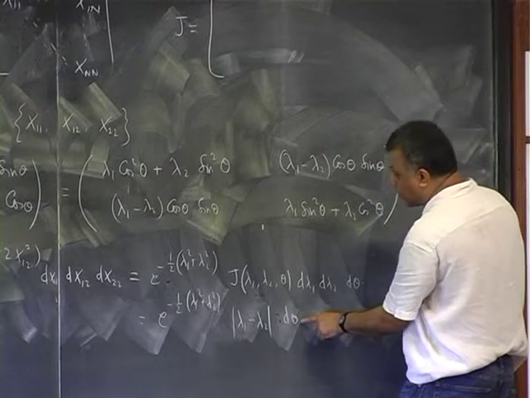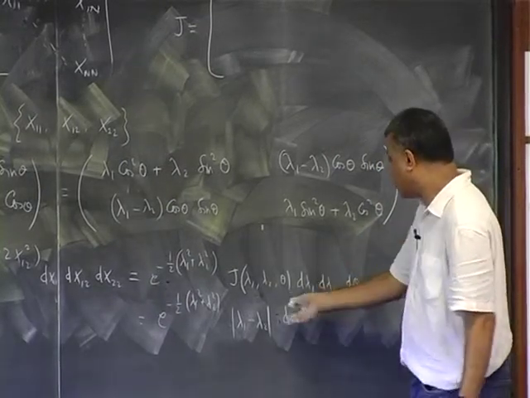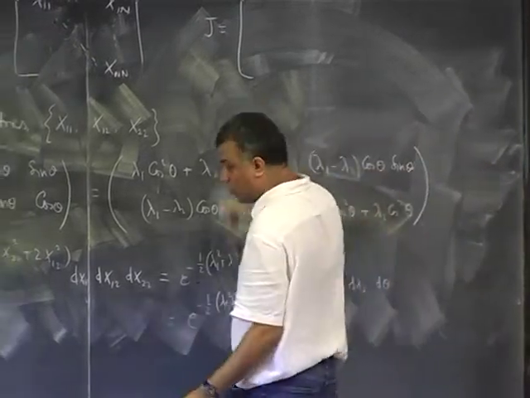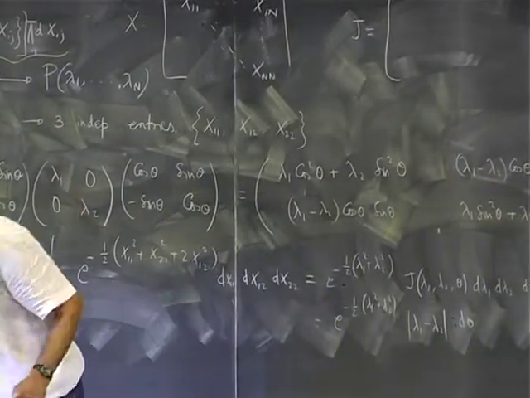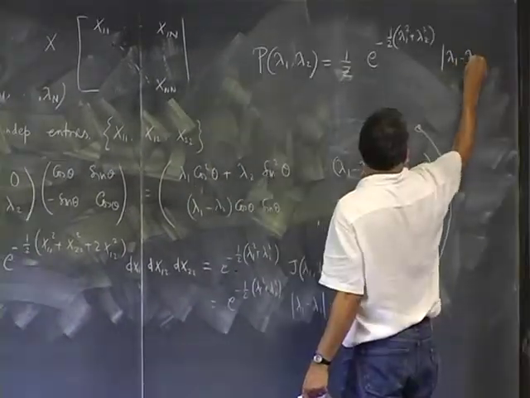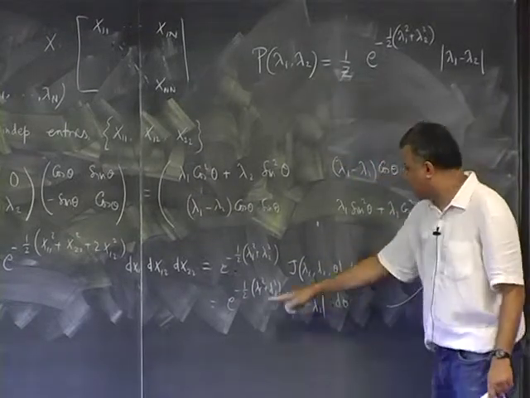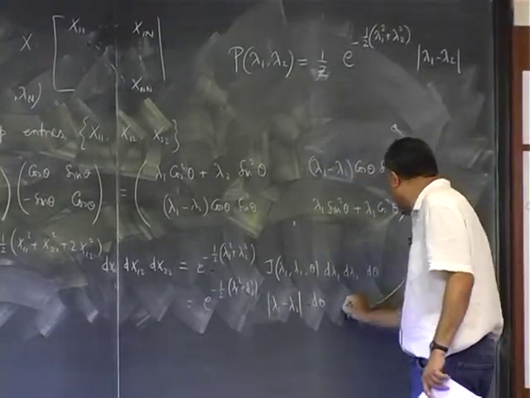And so now if you integrate over theta, from 0 to 2 pi, you get just the joint distribution of eigenvalues for the 2 by 2 matrix. So this is just taking this and integrating over theta.